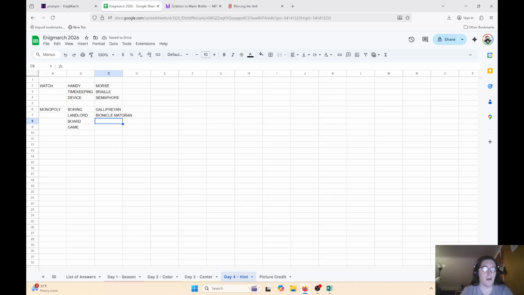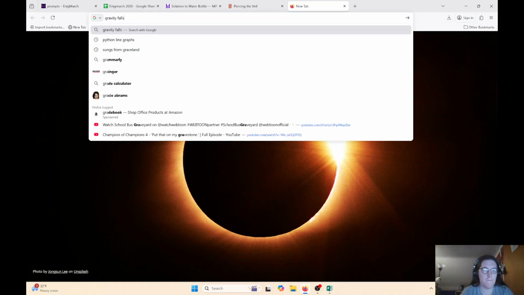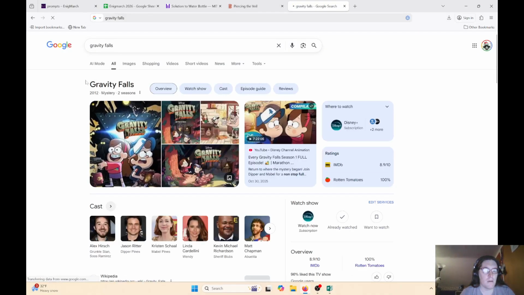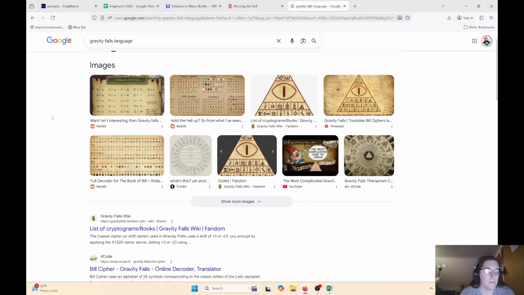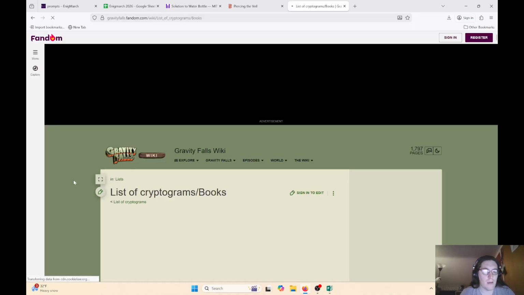The point is I'm making real ones here and fictional ones here. Gravity Falls has one. Yeah. Okay.